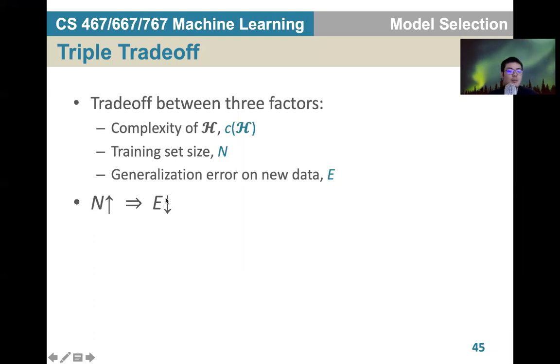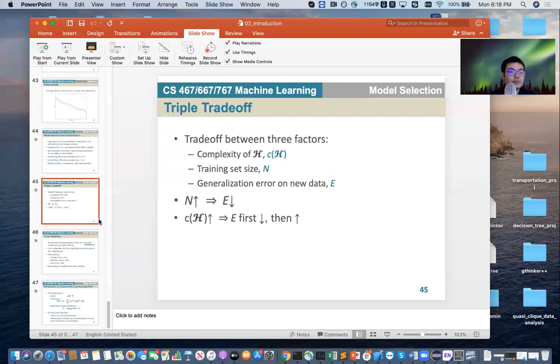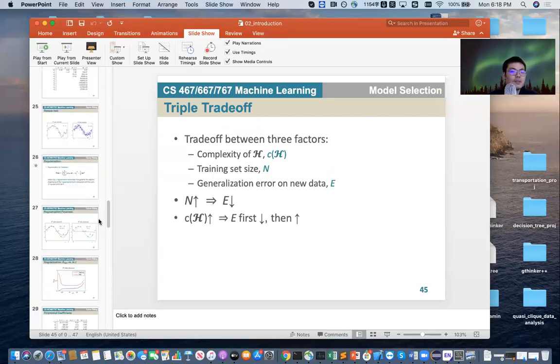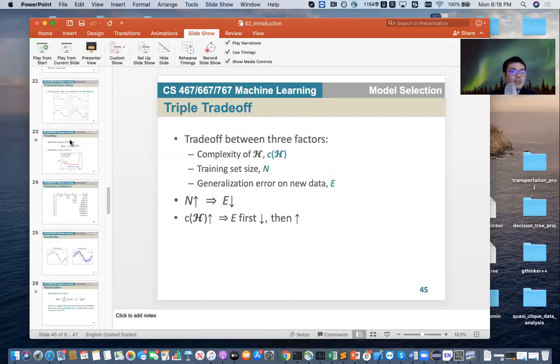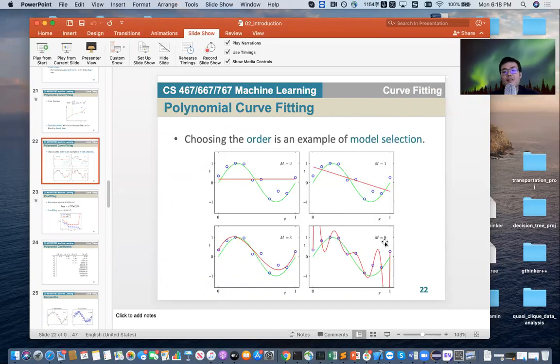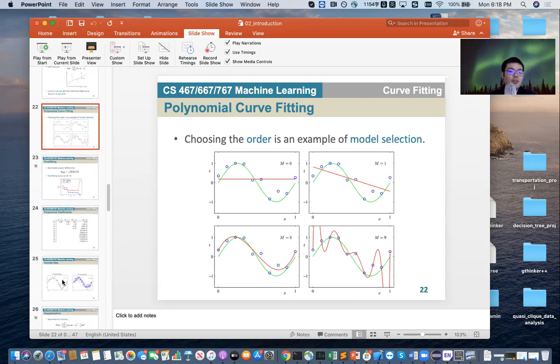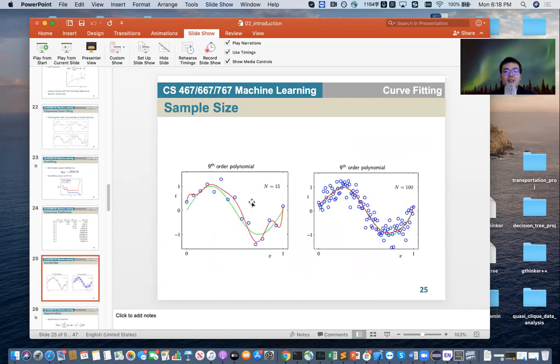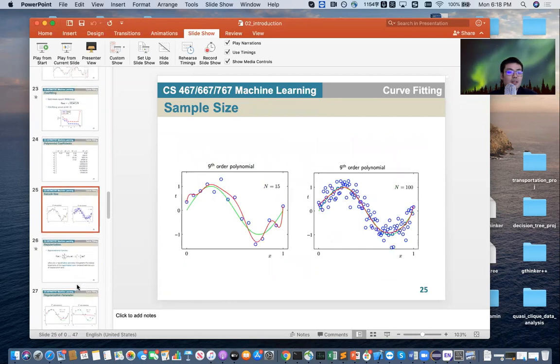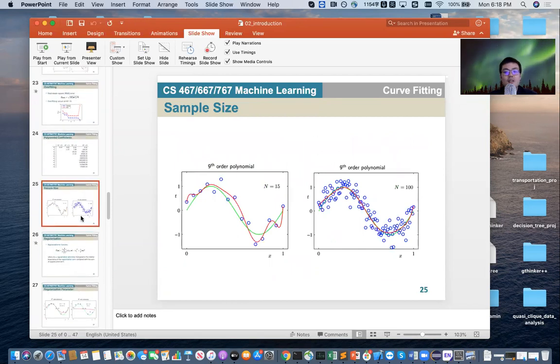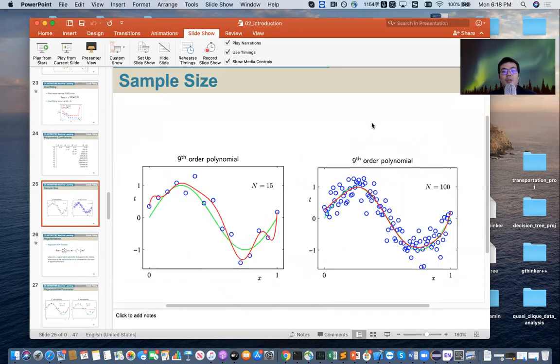We have seen an example before. Let me see, it's here. If you only have 9, maybe 10 points of data and you assume a complex model, your data is not enough, and your model will not generalize well. But look at this example: both of them are order 9, but now you have more data.